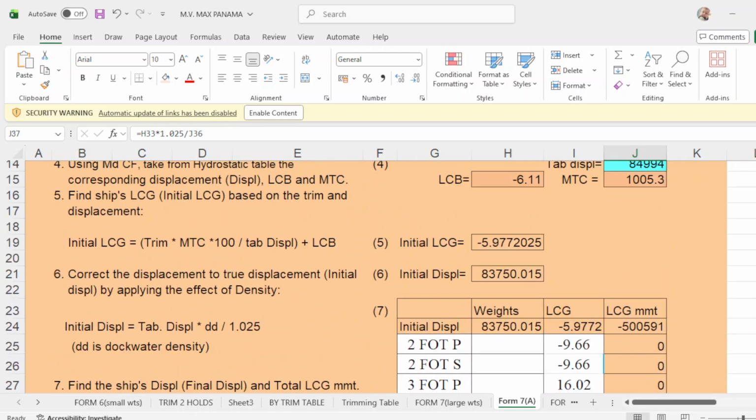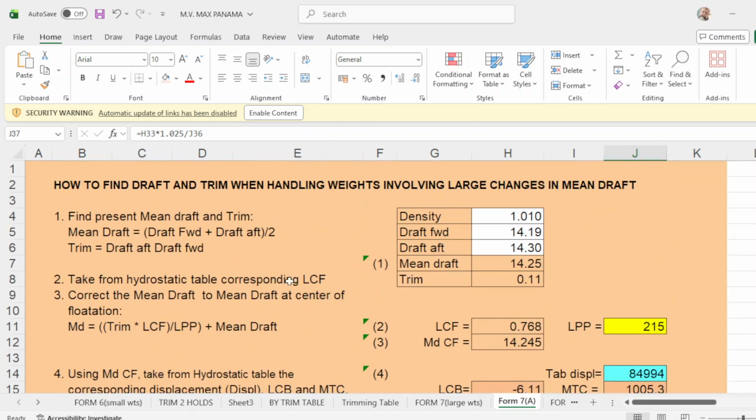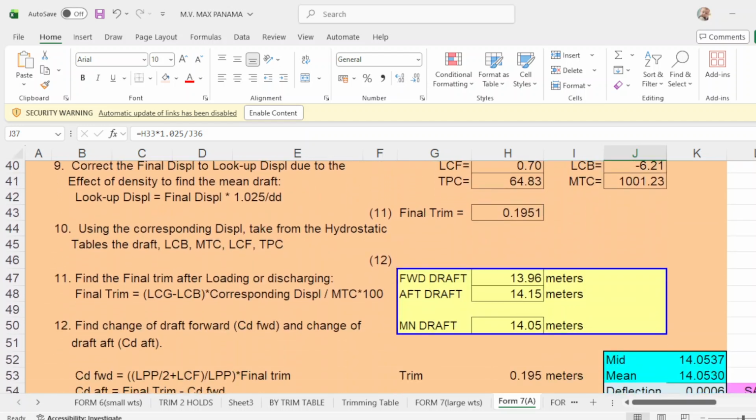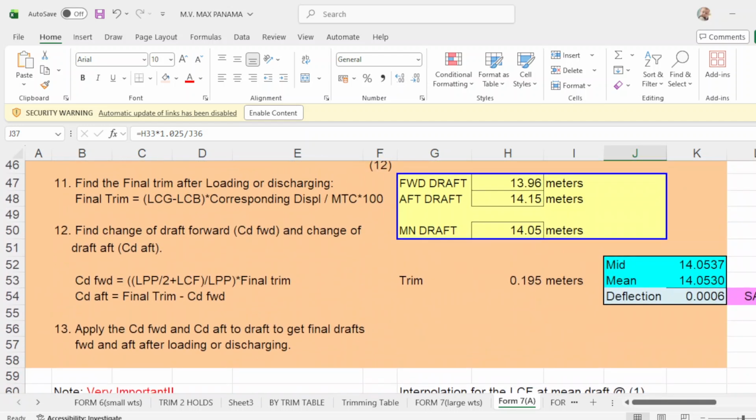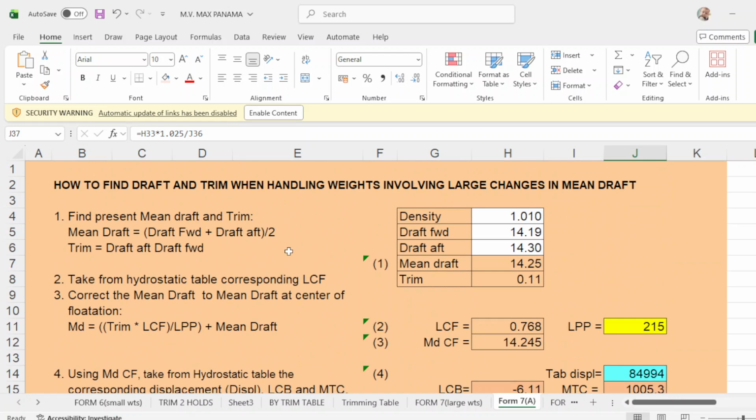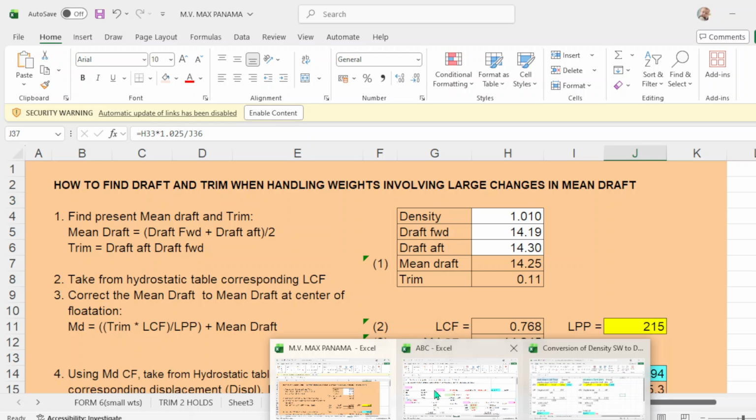Now, guys, if we follow these procedures from 1 to 13, we will have the final drafts of 13.96, 14.15, and 14.05. So let's just follow this one. Okay, so we go to the solution.